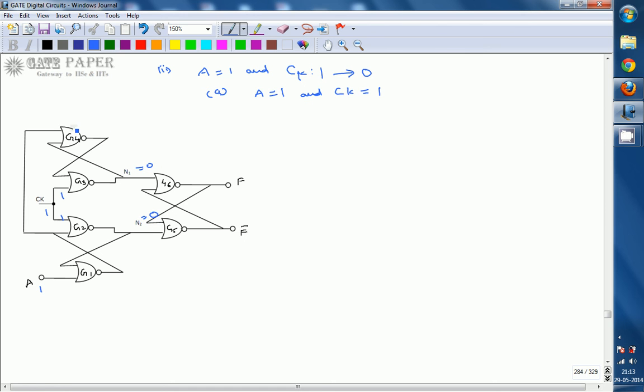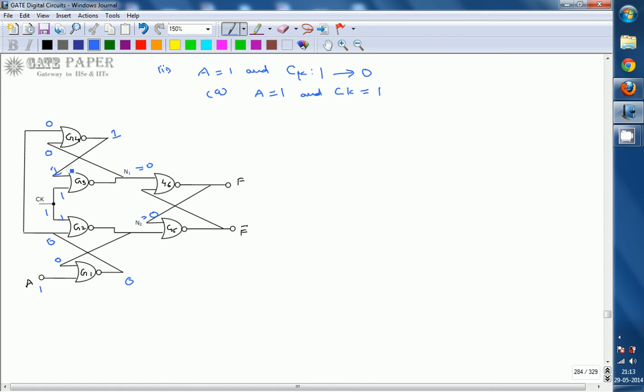And this 0 is going to be available as one of the inputs for G4, and this 0 is going to be available as one of the inputs for G1. So now 1 0 is going to be making output of G1 to be at 0. That 0 is available over here, that 0 is available over here. So that makes this at logic 1, that 1 over here it will appear.